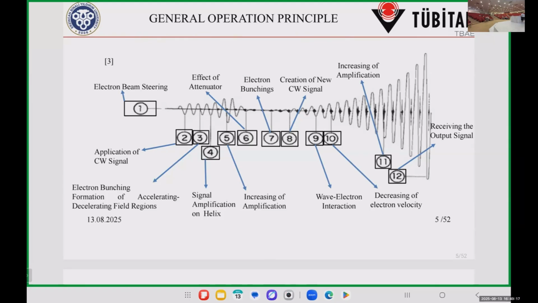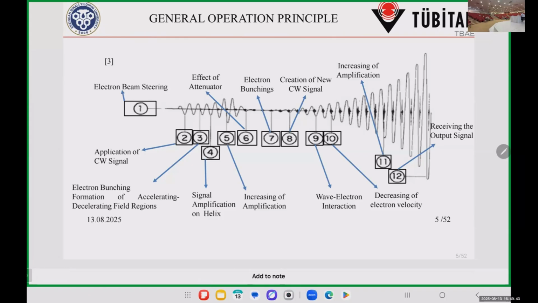In number two, electron bunching is caused by the electric field of the continuous wave signal. So we can say electron bunching is the formation of accelerating and decelerating field regions. So electron bunching starts in number three.